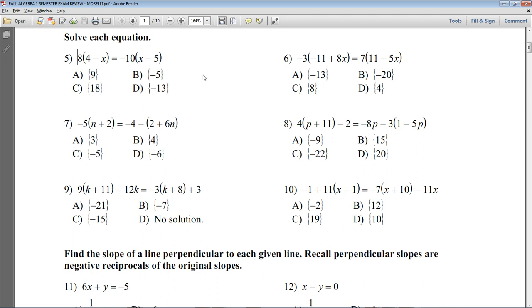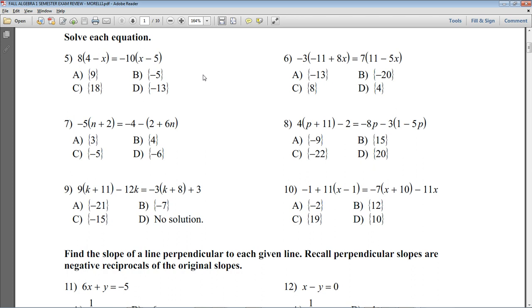And what we're given is 8, open parentheses, 4 minus x, close parentheses, equals, that's what makes it an equation and not an expression, equals negative 10, open parentheses, x minus 5, close parentheses.